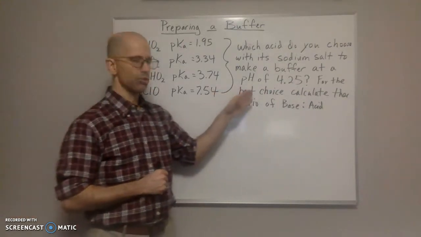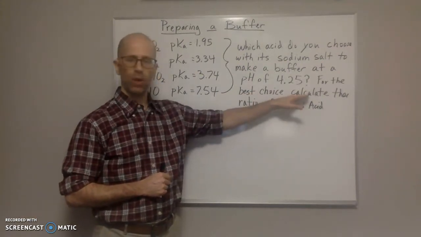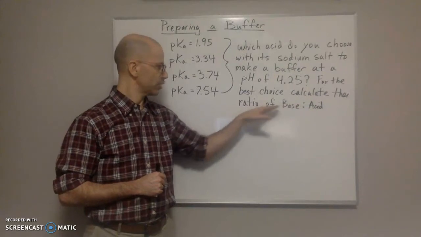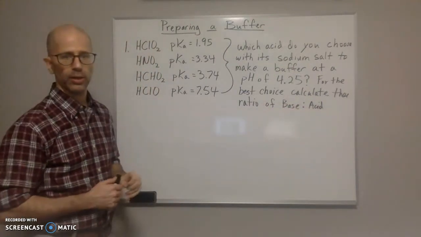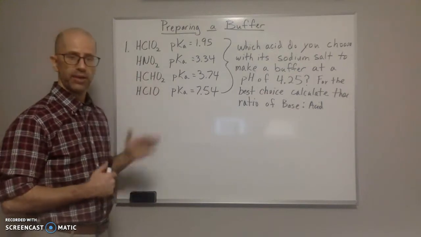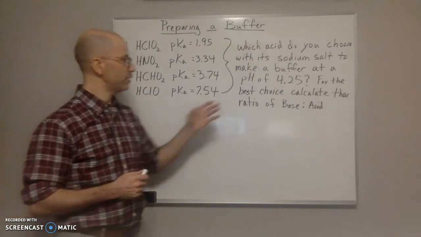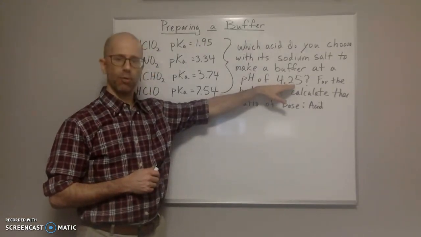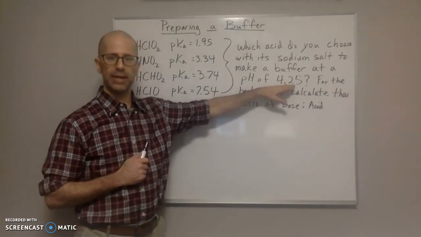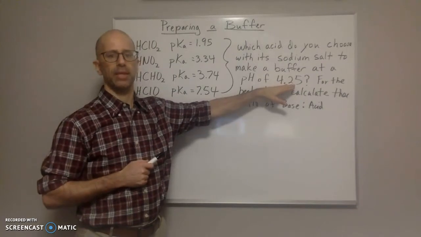And then once we make our best choice, they want us to calculate the ratio of the base to the acid. So the first thing we need to do is choose the best acid for the buffer. Since the buffer we are asked for should have a pH of 4.25, the best acid to use is the one that's closest to that pH.